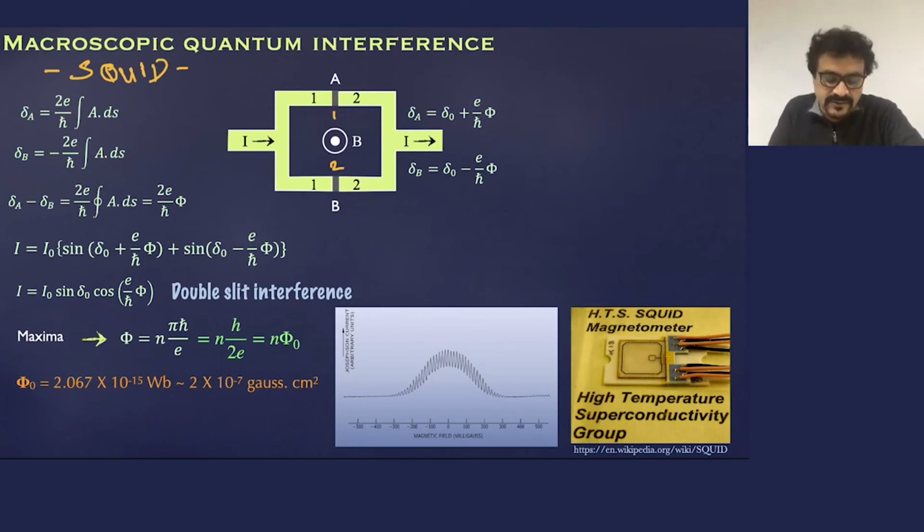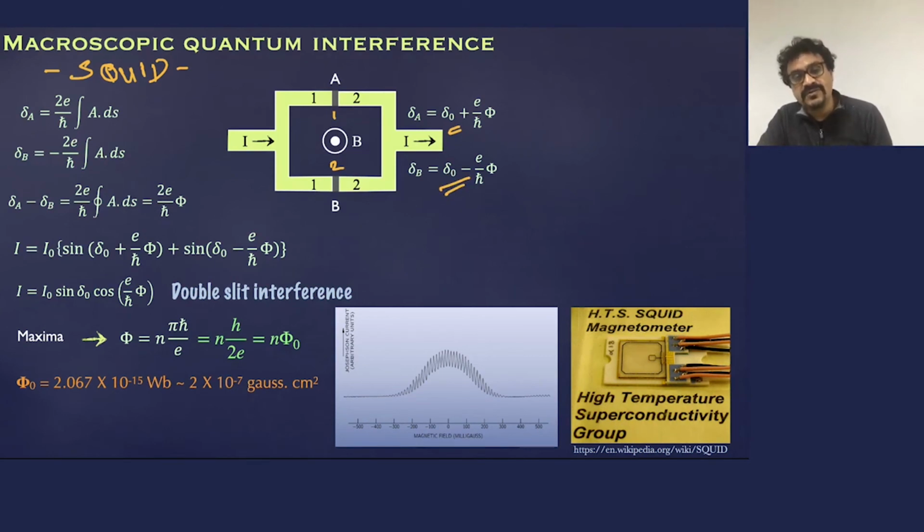Okay. The phase difference for the charge carriers propagating through the upper arm and the lower arm basically has two parts. One, the natural phase that gets accumulated along this length, and let's assume that is the same because this is a symmetric ring, both are delta zero.